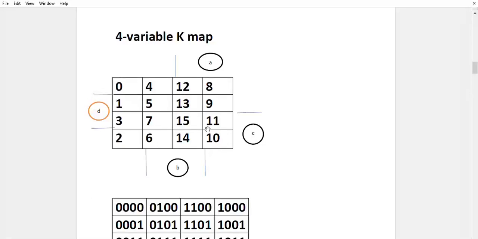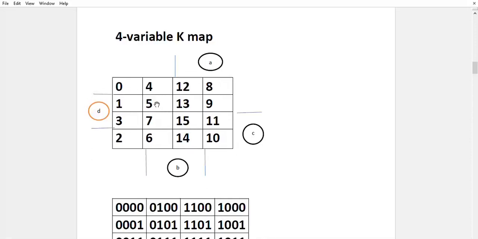Therefore, A and B take the columns, and the remaining two variables C and D take the rows. First let us take C. The third row and the fourth row occupy C itself, and the first row and the second row take C dash. The last variable D takes the middle like B, and the first row and the last row occupy the complement, that is D dash.